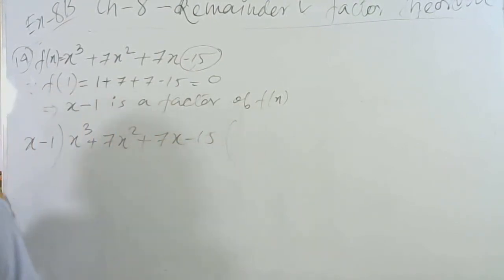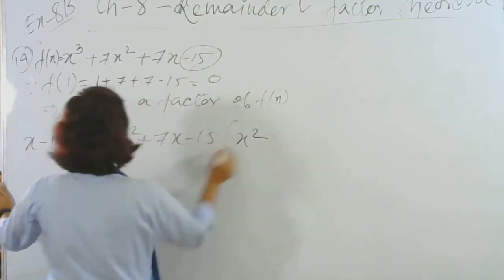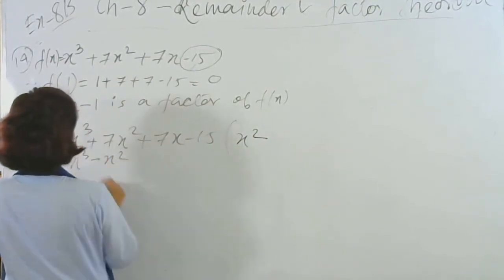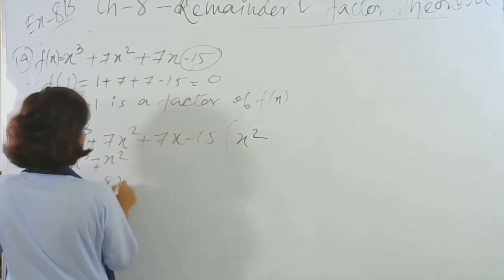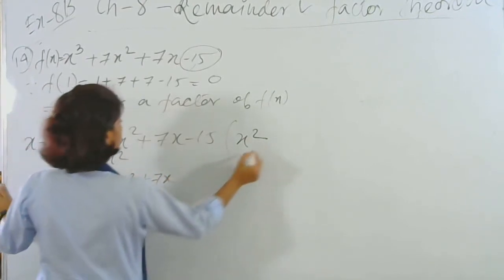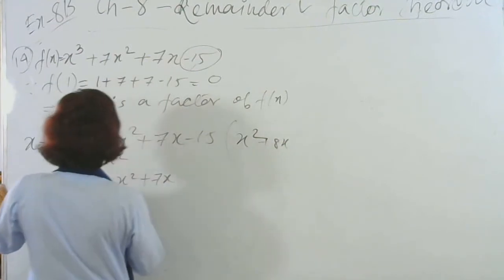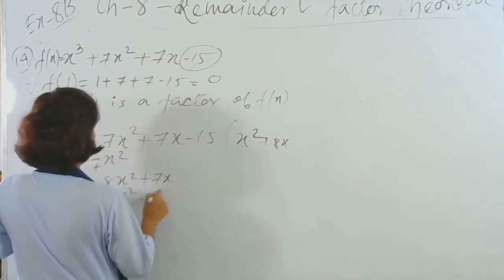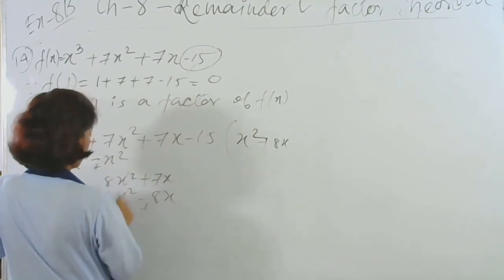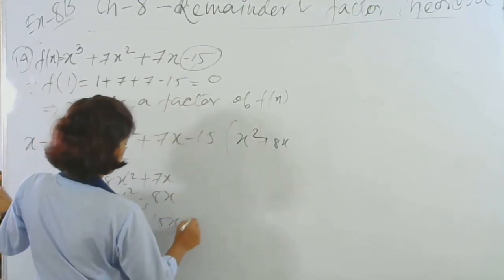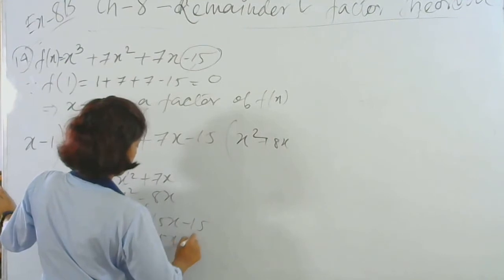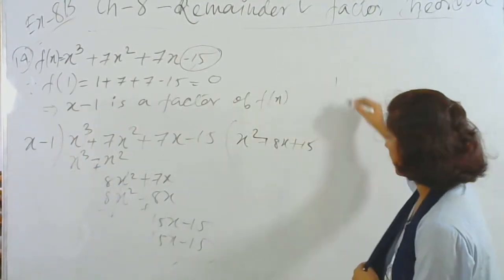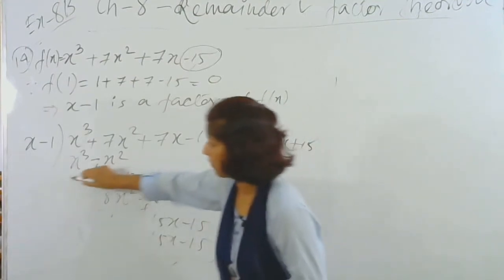So if you do division, it will be x square. I'm not explaining this division method, I've already explained a bit before.